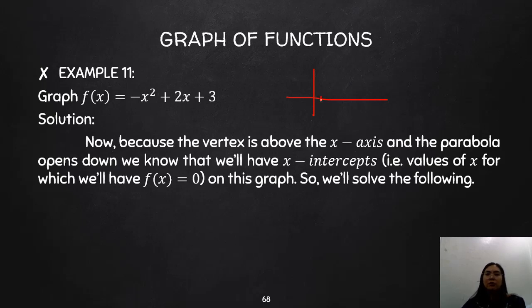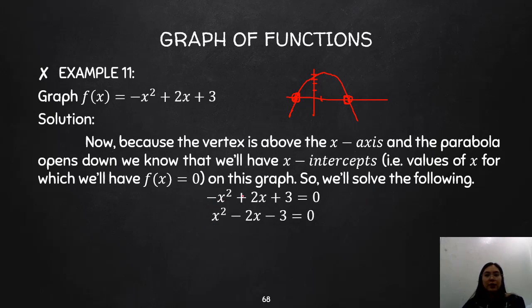So, ibig sabihin, if we try then to roughly graph it, 1, 2, 3, 4. So, dito yung kanyang vertex, it will open down. Meron tayong dalawang x-intercept. So, hanapin natin yung dalawang x-intercept na yun para ma-graph natin yung ating function.